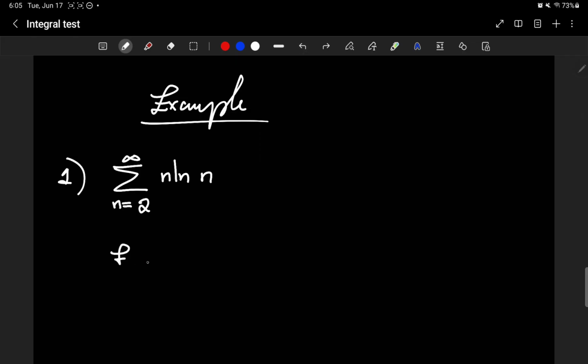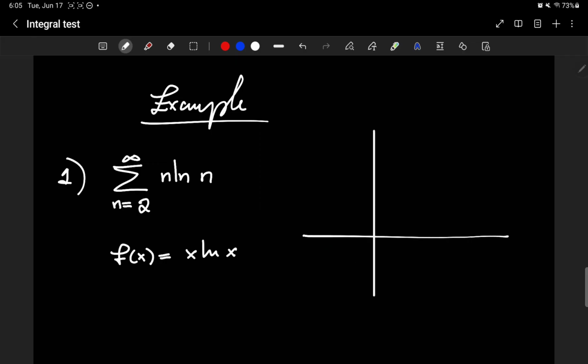An is basically n ln n. So you have f of x equals, where there's n, we'll put x, and then ln x there. Now, we know the graph of ln x would look like this. And it crosses the x-axis when x equals 1.